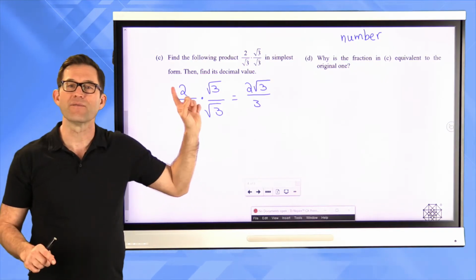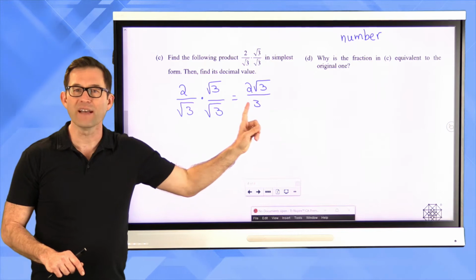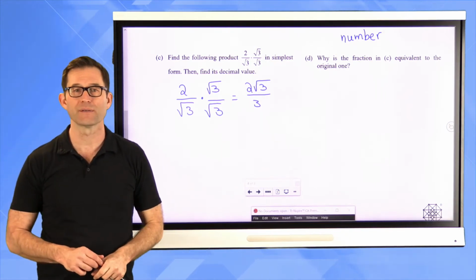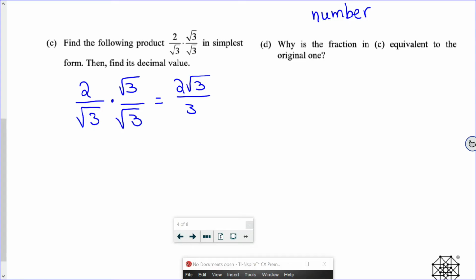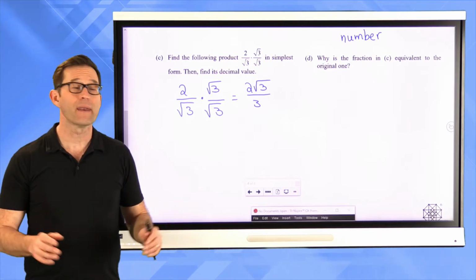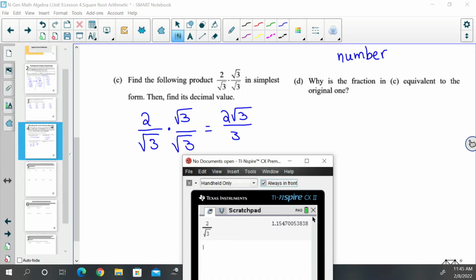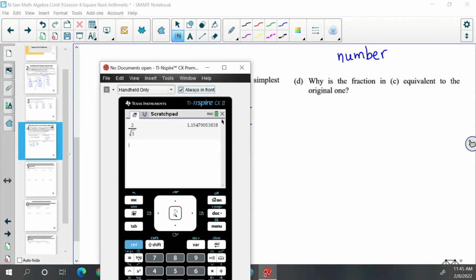Now it says find its decimal value. So take a moment and actually figure out what the decimal value of 2 times the square root of 3 over 3 is. Take a moment to do that on your calculator. All right, well again, I'm going to break out of the program just for a moment because I want to put this calculator on a larger version.